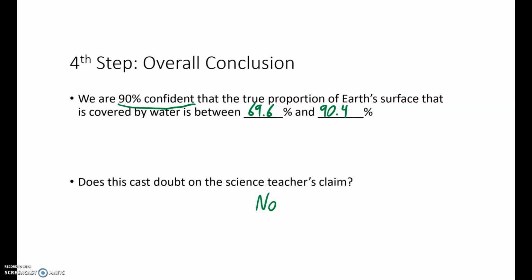It's kind of a bummer, but that's okay. That happens sometimes in statistics. Sometimes we can't prove somebody wrong. We can never prove anybody right. I can't guarantee that the teacher's right that it's 71%, because it could be any number between 69.6 and 90.4. But I can't prove them wrong with this data.